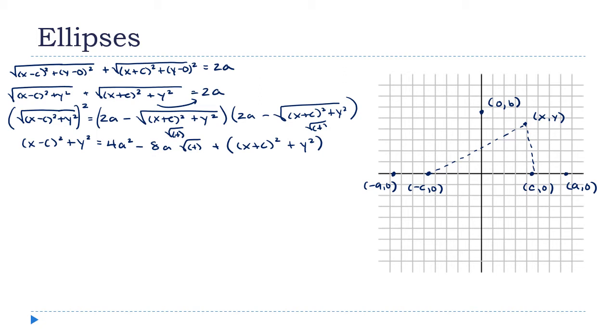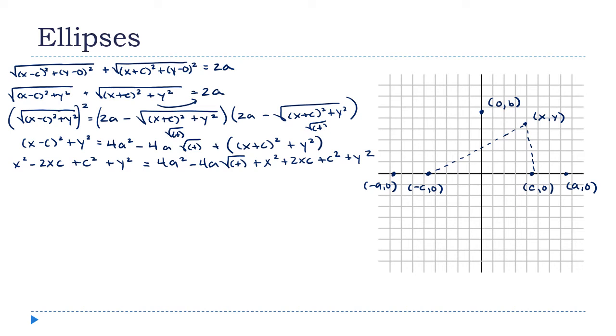But before I do that, this should not be an 8 here. Sorry, let me correct this a little bit. That should just be a 4. I slipped an extra 2 in there somehow. Now let's multiply stuff out. On the left side, this is x squared minus 2xc plus c squared plus y squared equals 4a squared minus 4a times the square root with the plus expression plus x squared plus 2xc plus c squared plus y squared.